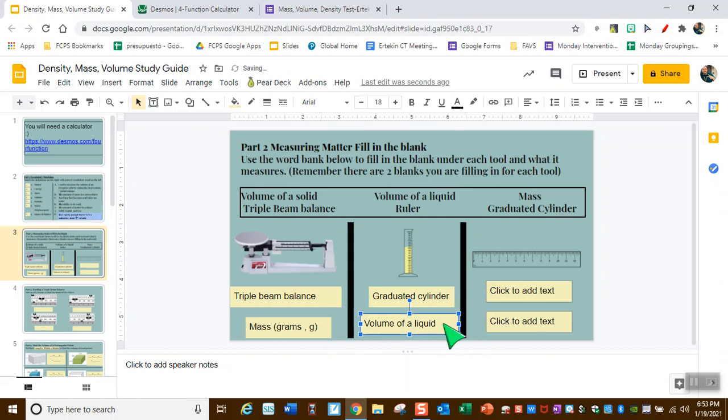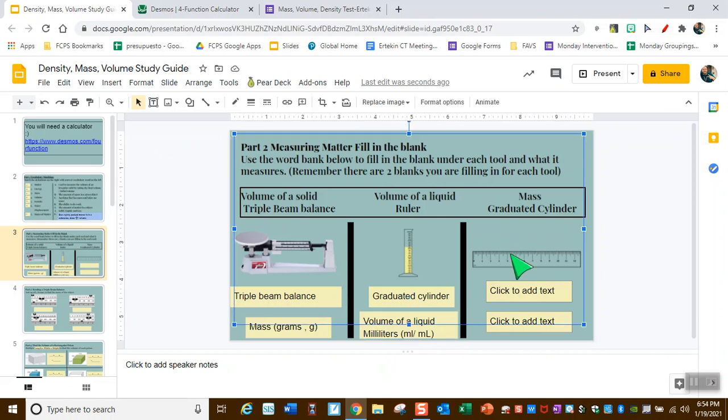And if you want, you can add this too. The units are going to be milliliters, okay? And we can do ml or mL with a big L, okay? We're going to see mL a lot in this study guide. So mL is for volume of a liquid.